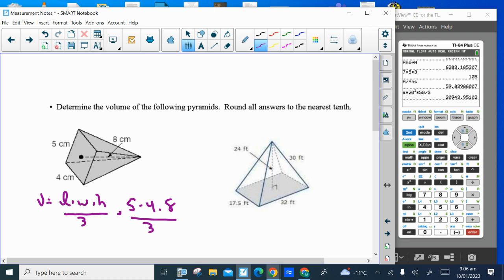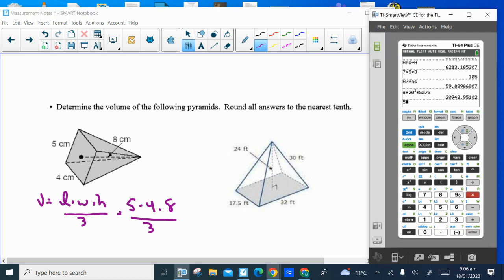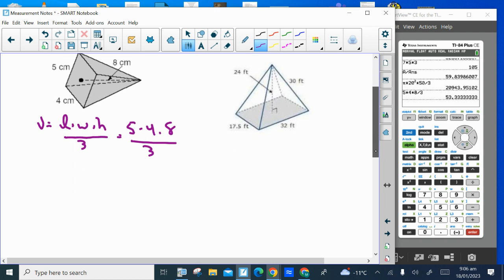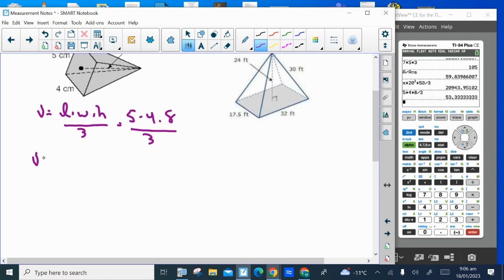When you're multiplying 3 numbers together, order doesn't matter. So it's 5 times 4 times 8 divided by 3. So that is a number that we're going to have to round, 53.3. And that would be in centimeters cubed.